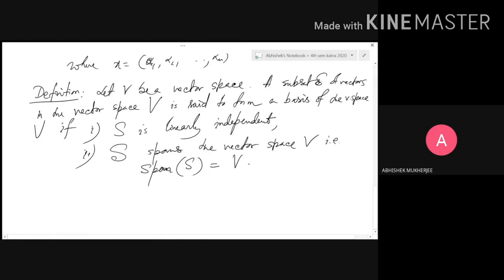There are many examples, we shall look at them later.